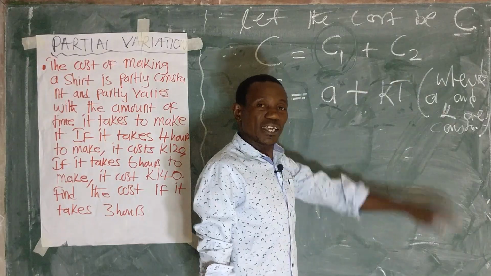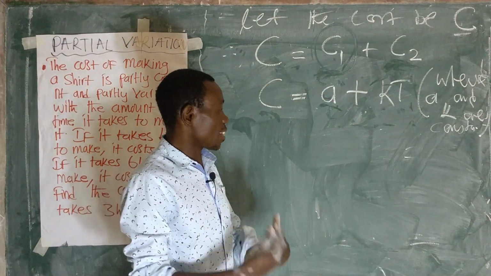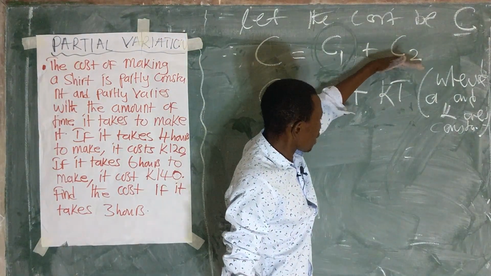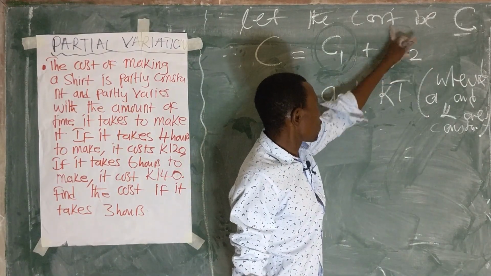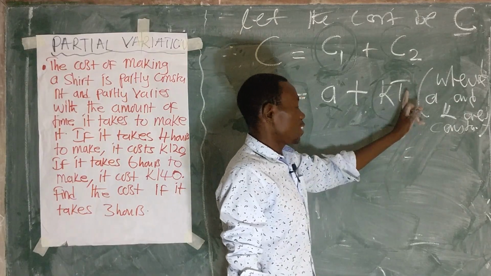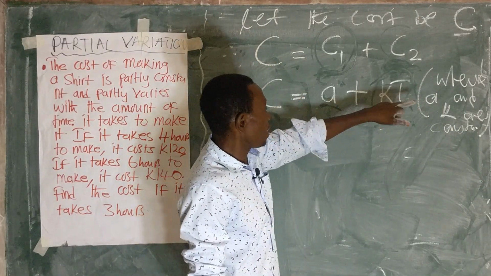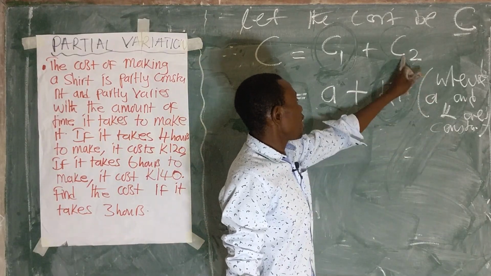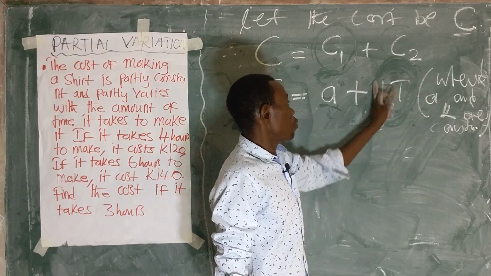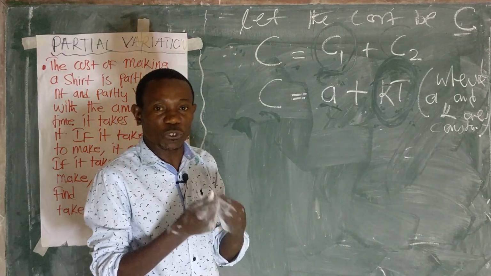Time decreases, it means the cost also decreases. So for this cost here, we have to expect to have a constant there. So now the cost for this one is represented by kt. When I multiply k by t, I'm going to yield the amount of money that I'm going to pay depending on the time I'm going to take.